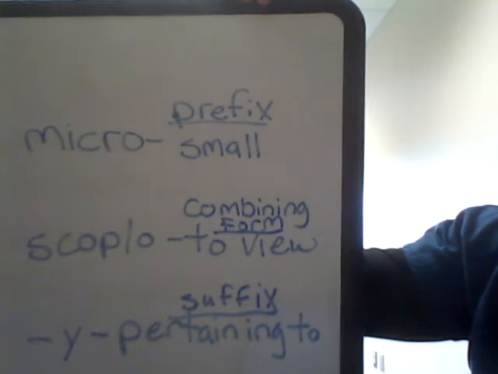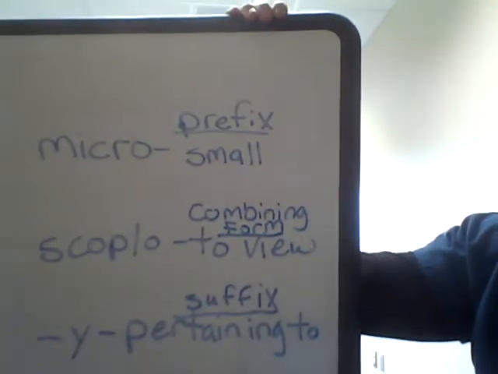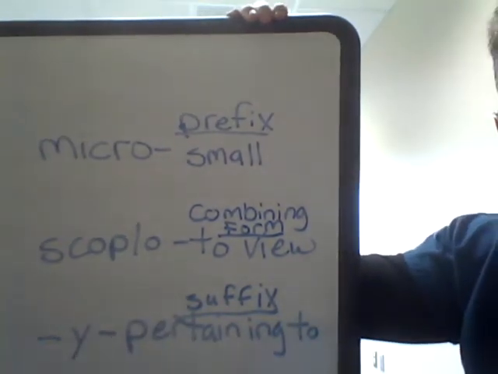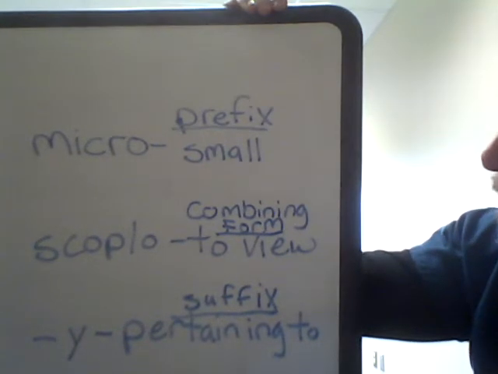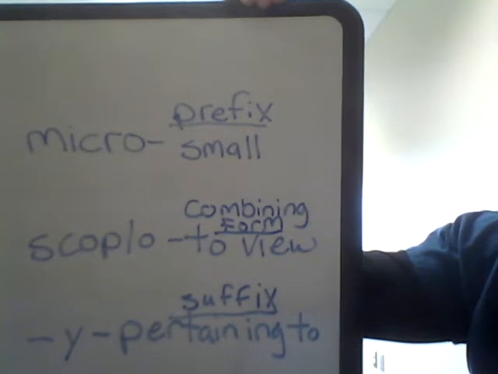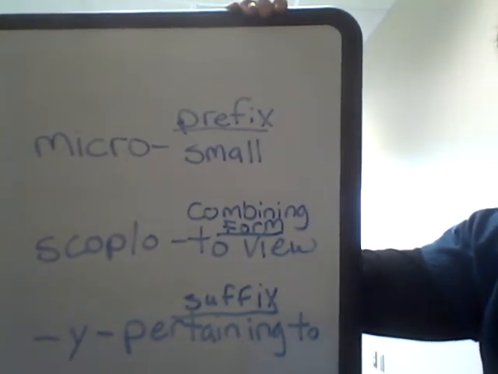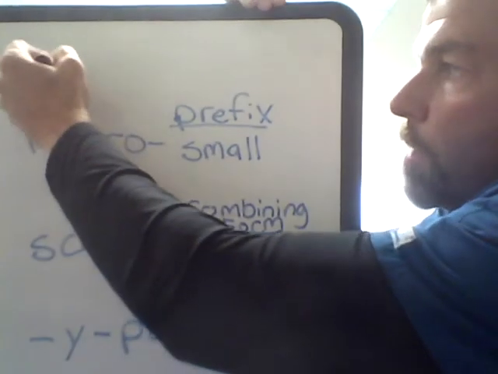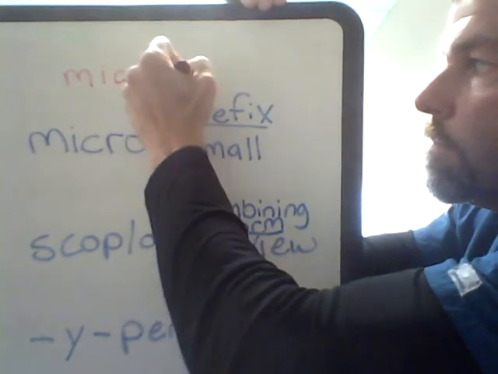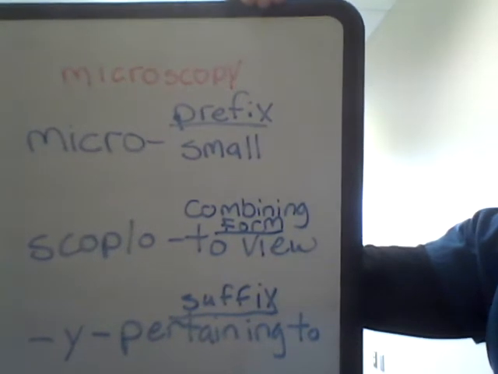In this particular example, we're going to have micro as a prefix, the combining form scopo, which means to view, and then finally the suffix y at the end of our term, and we are going to combine a prefix, a combining form, and a suffix to form the word microscopy. Okay. Microscopy.